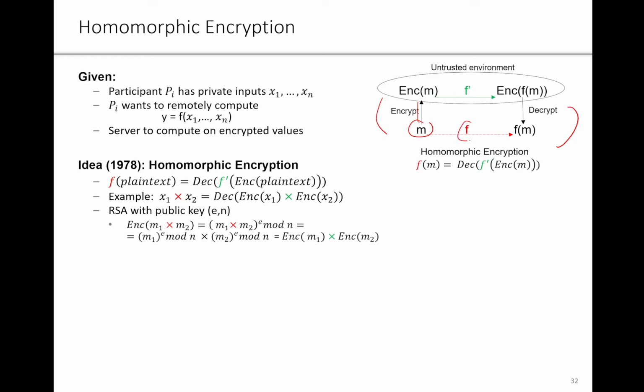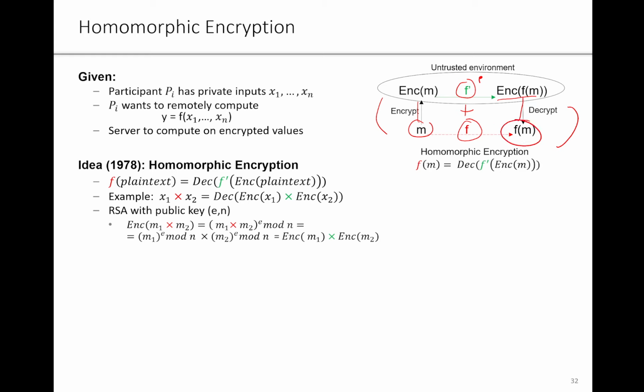Here we have some kind of operation, such as a plus. It has a corresponding operation in the encrypted realm that can be multiplication, which results in a new encryption that, if you decrypt it, results in the correct result.